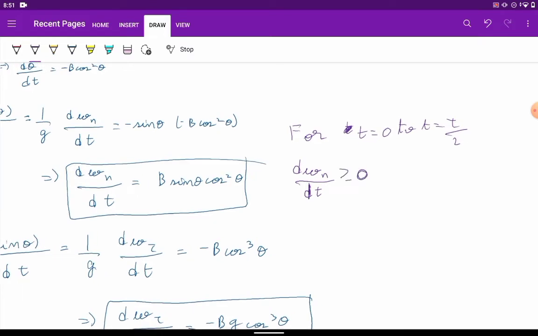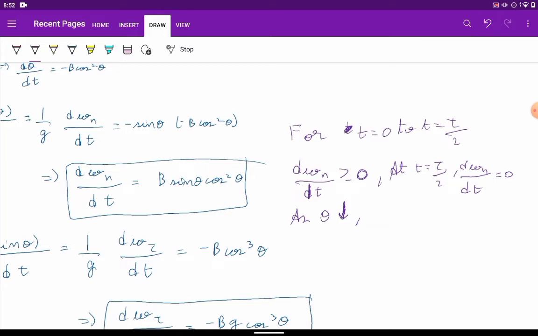Of course, at tau by 2 theta becomes 0, so the slope also becomes 0. At t equal to tau by 2, dwn by dt becomes 0. And as theta decreases from t equal to 0 to t equal to tau by 2, what do you think will happen here to the magnitude?